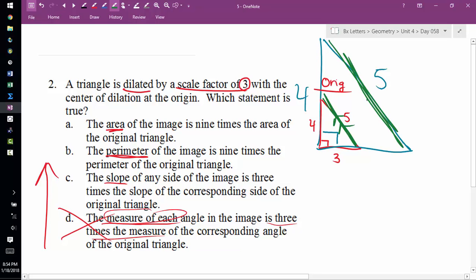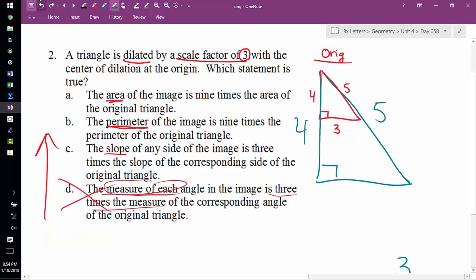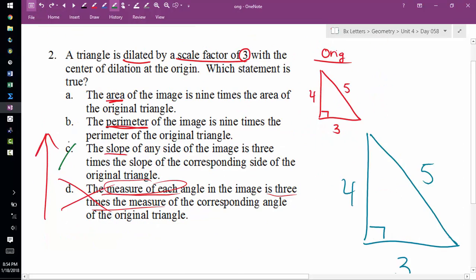And if you look at them, they're going to be parallel. So if things are parallel, then their slopes need to be equal. And that's how I can tell you that C is not true, because that slope didn't increase 3 times. It didn't get steeper. It stayed the same. So that's how I know C is incorrect.